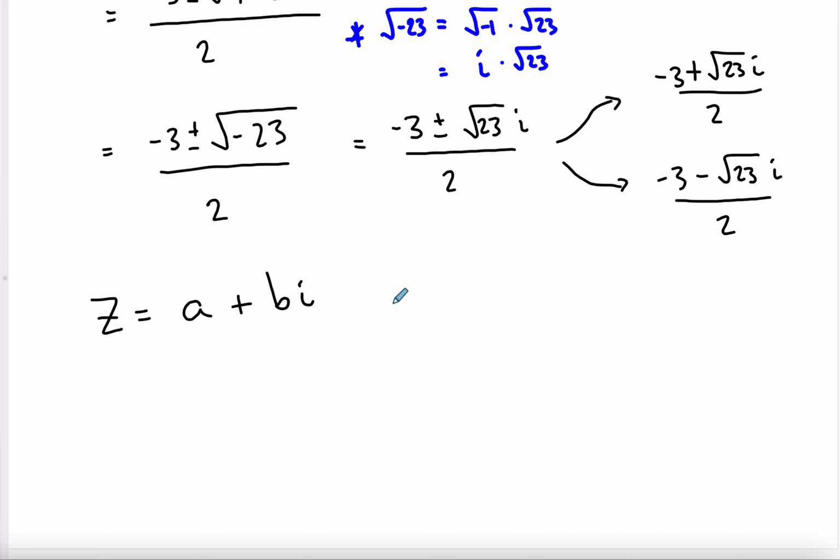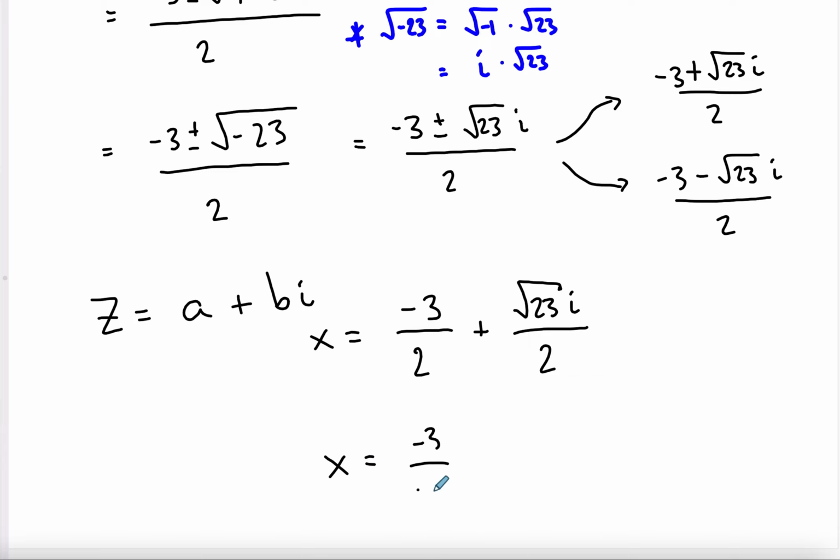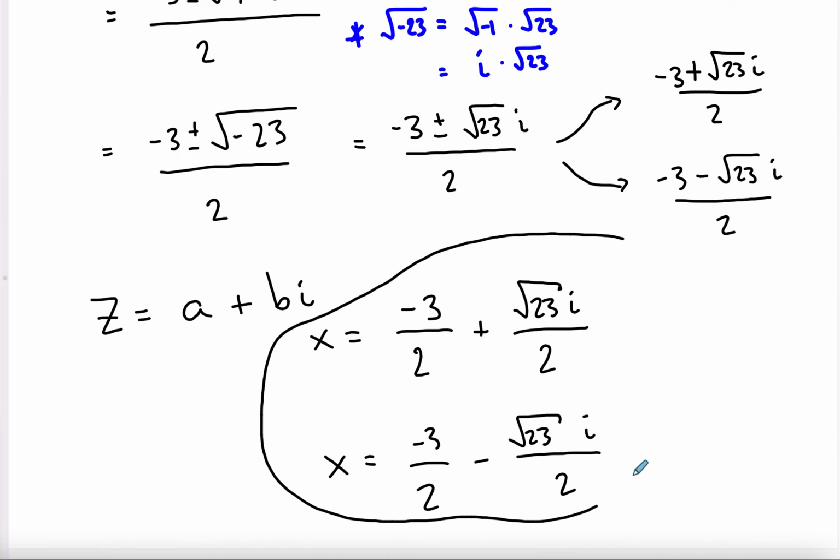So the first one: negative 3 over 2 plus the square root of 23 times i, the i is outside of that, divided by 2. And the second one: negative 3 over 2 minus the square root of 23 times i over 2. And there's our answer.